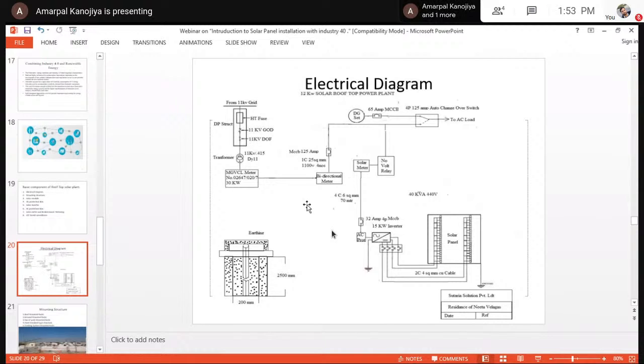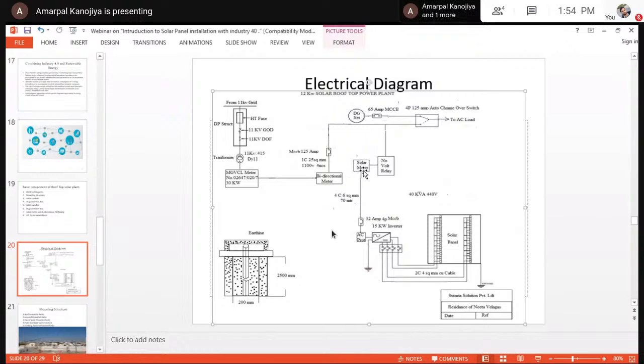Now here there is a single line diagram of a 12 kilowatt solar rooftop power plant. See here, there is a solar panel over here. In a 12 kilowatt solar power plant, there are two strings, string 1 and string 2. These two strings are individually connected to the inverter, and this is the DC protection box, then the inverter, then here the AC protection box. Now this generation goes to the solar meter, which shows how much solar energy is generated.